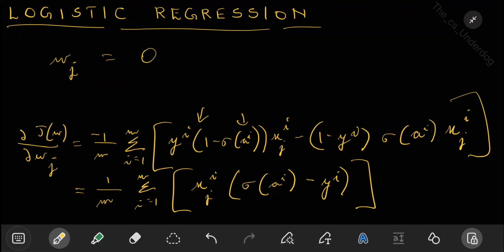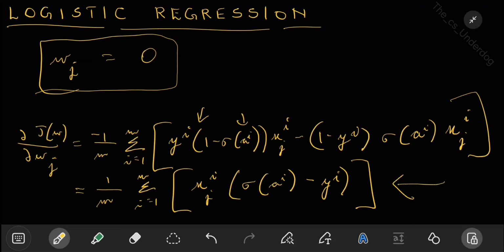What will you do from there? You will try to find the optimal value of wj by updating the value of wj in each iteration. So in each iteration, you will take this negative log likelihood and minimize it with respect to w. This derivative with respect to wj is called the gradient. Using this gradient, you will update the value of wj.